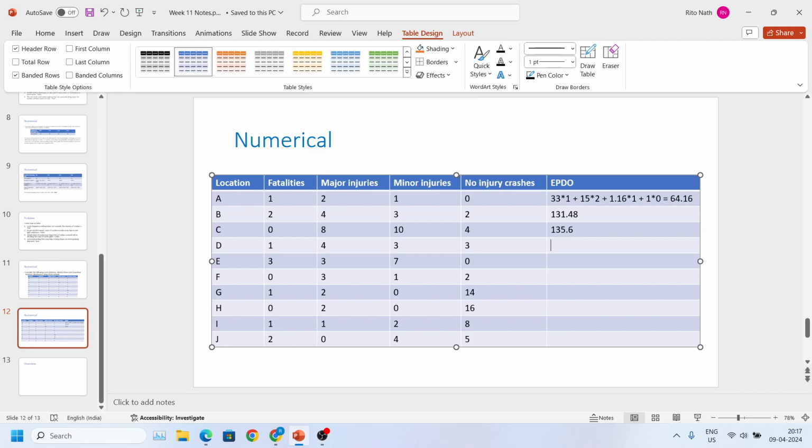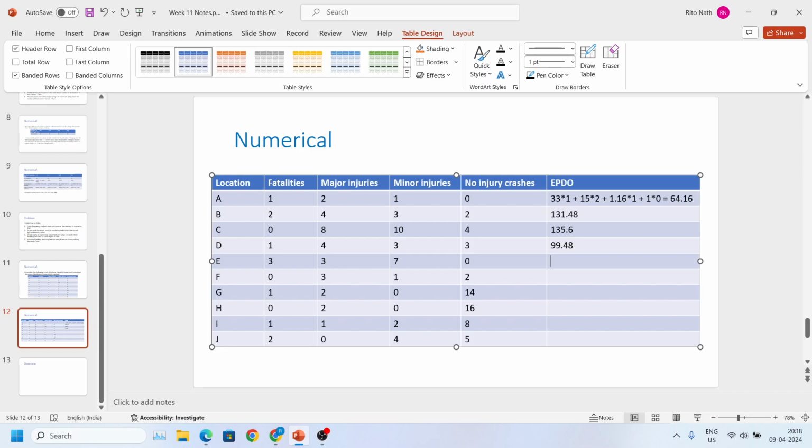Similarly, this one is 33 times 1 plus 15 times 4, 1.16 times 3 plus 3. Let me calculate it.